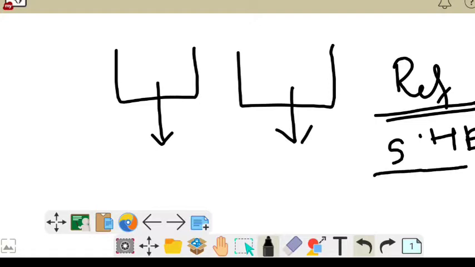This standard hydrogen electrode has a cell potential of 0. Clear? It can act as anode, it can act as cathode, both. So your reference electrode has potential 0, and this reference electrode, known as the standard hydrogen electrode, can act as anode or cathode both.